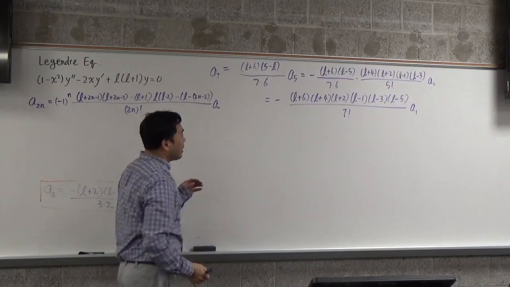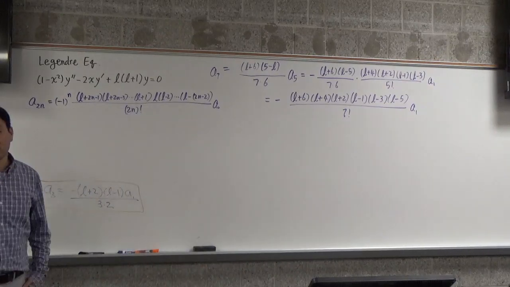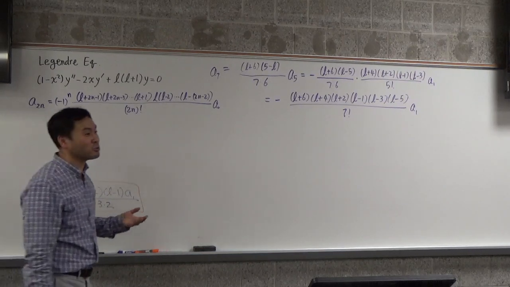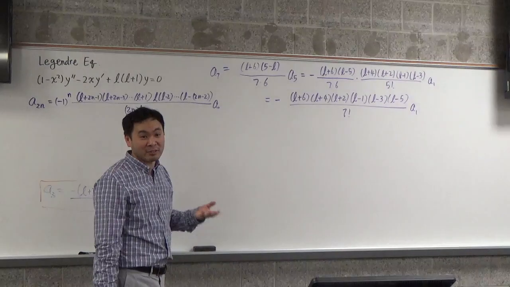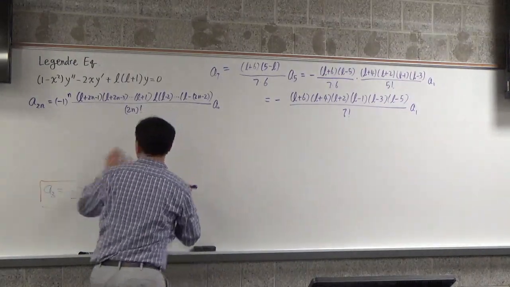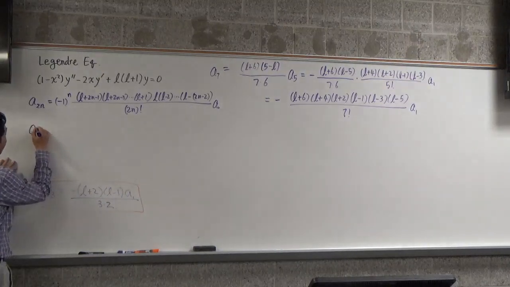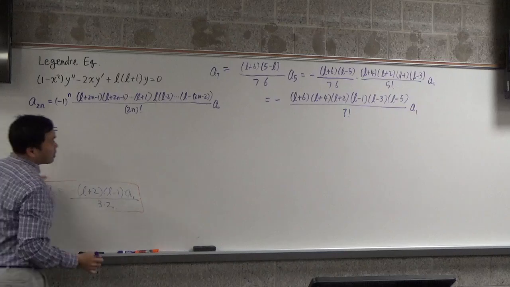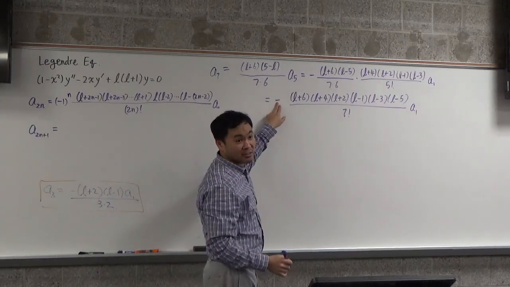So how do you express an odd number? Even numbers can be expressed by twice n, right? Plus 1? Yeah, 2n plus 1. If you have 2n plus 1, it gives you an odd number, right? So let's write here A of 2n plus 1. Again, we found that the signs alternate, right?